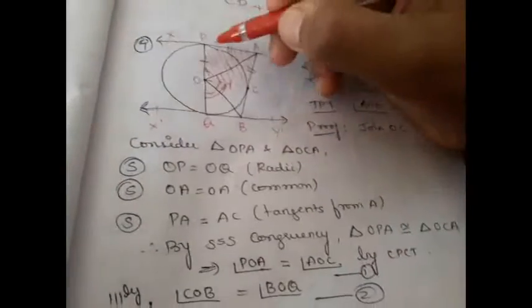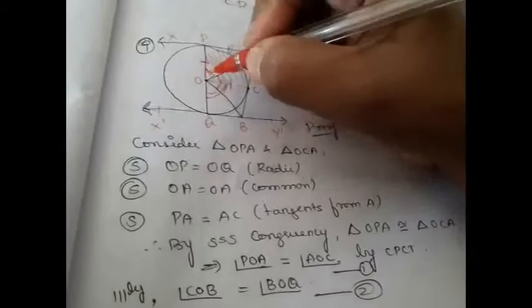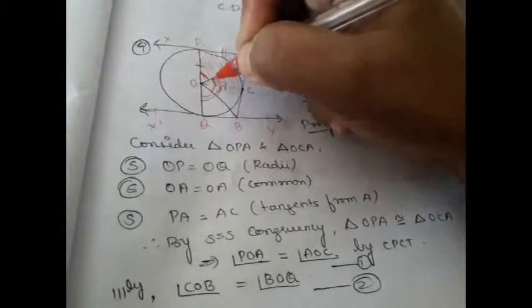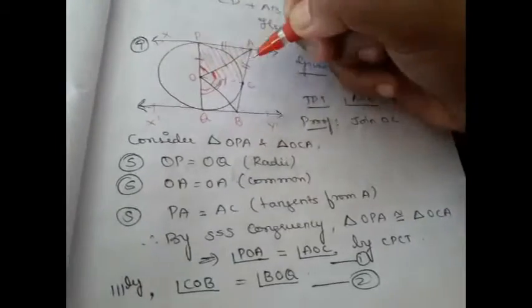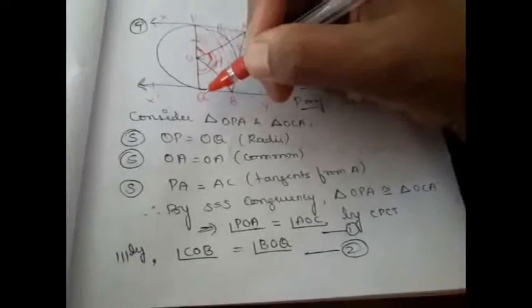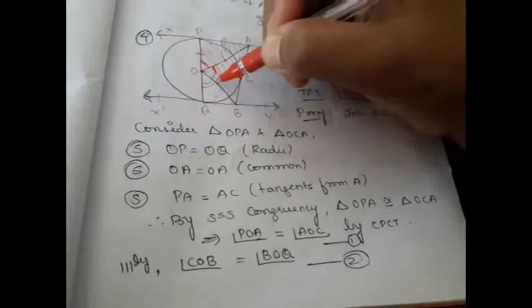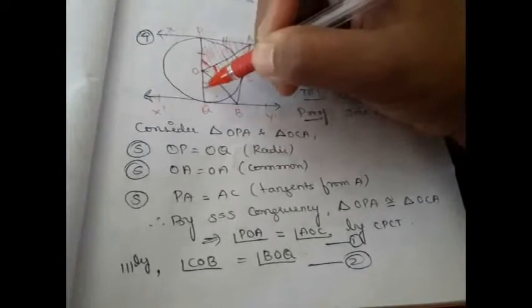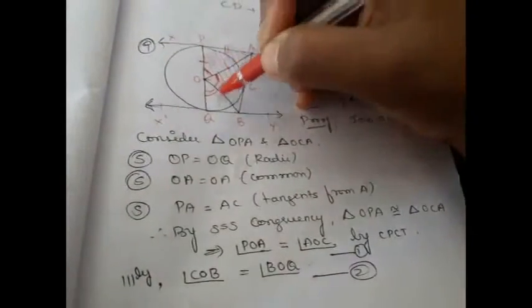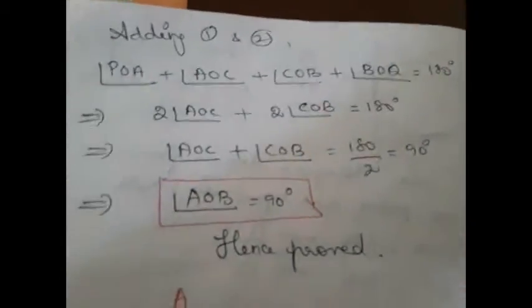Therefore, by CPCT, angle POA will be equal to angle AOC. Right? This is equal to this. Similarly, we can prove these two triangles are congruent and hence angle COB will become equal to angle BOQ. Now, as I told you, the sum of all the four angles is equal to 180 degrees since it lies on a straight line.